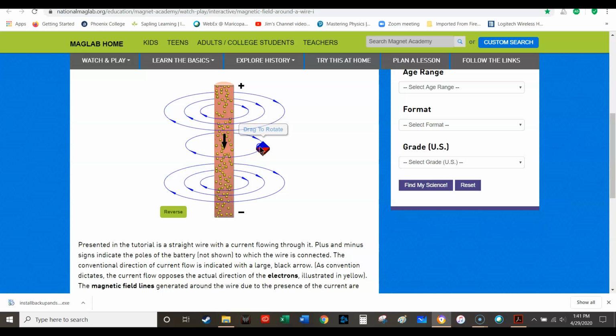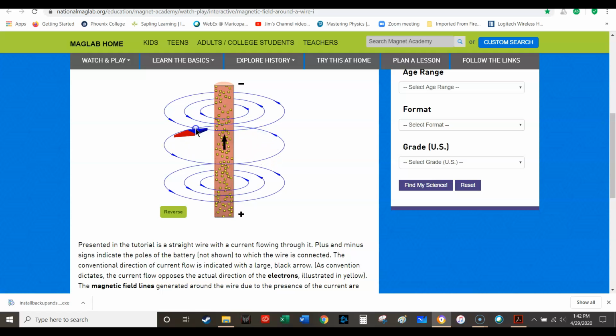And what we had learned is that when the current is pointed down, the compass needle will be pointed, and this is the red is north, blue is south, the compass needle is going to be pointed clockwise around it. Okay? If we reverse that direction, now the electrons are flowing down and the current is pointed up.